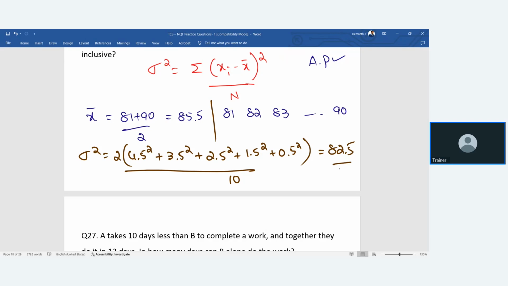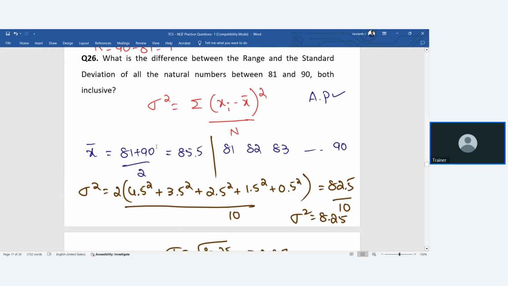We got 8.25. That is only variance. So standard deviation is the square root of 8.25. If you apply square root, we got 2.87.